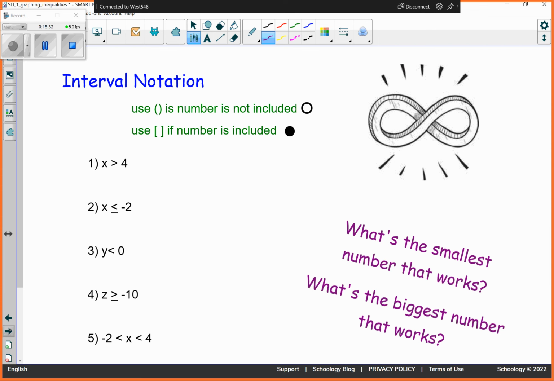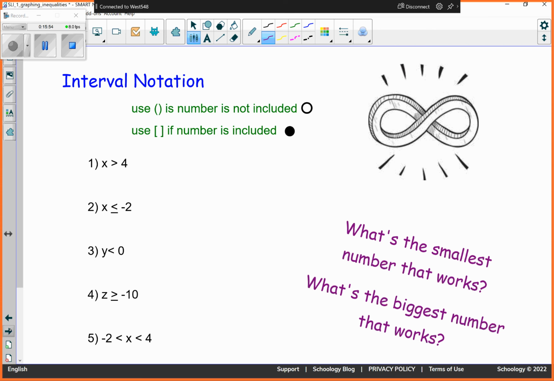So we have some little information. It says use parentheses. That means the number's not included, so it's an open dot. So that's the greater than or less than sign without the equal underneath. And then it says use square brackets if the number's included.